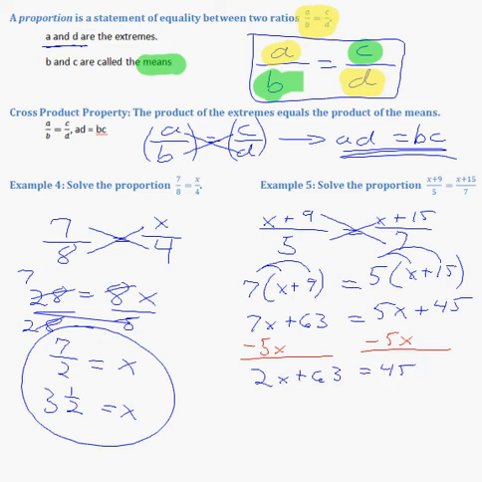And then we would subtract 63 from both sides. That leaves us with a 2x on the left side equals, and then subtracting there, that's a negative 18. And then we can divide both sides by 2, getting to the answer, which is x is equal to negative 9.